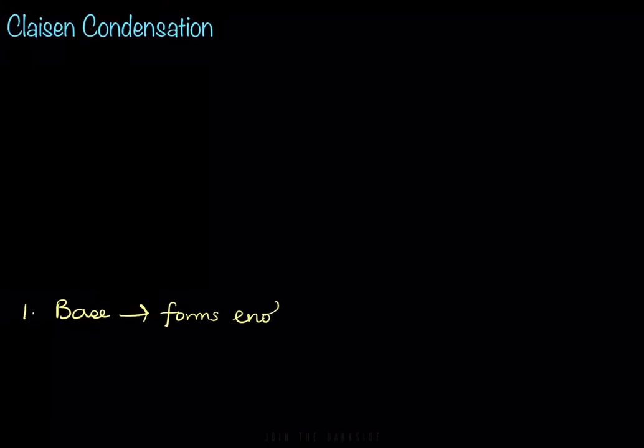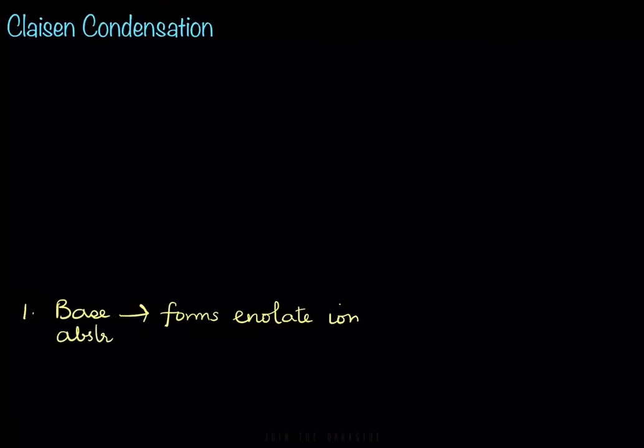Let's go into the mechanism. There are three different steps involved in this mechanism. First, the base abstracts a proton and forms the enolate ion. It abstracts the alpha hydrogen of the first molecule of the ester and forms an enolate ion.